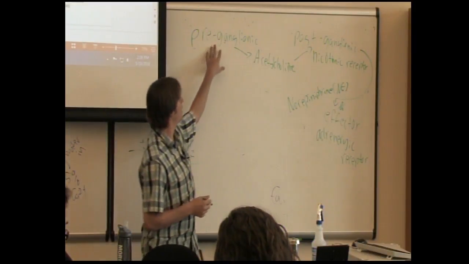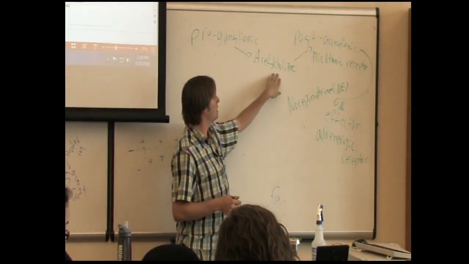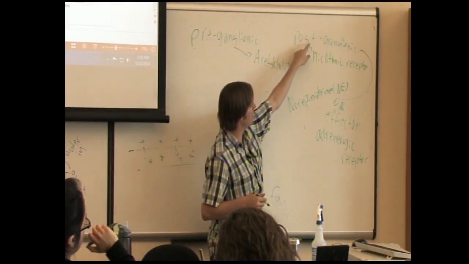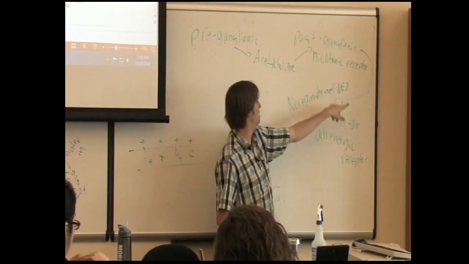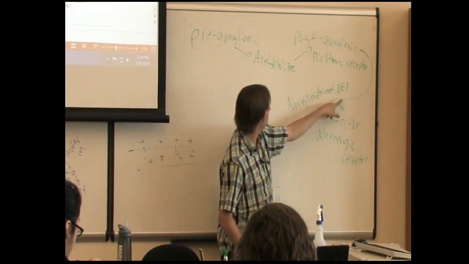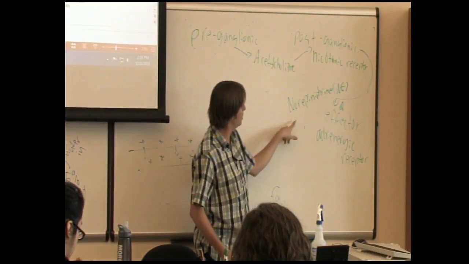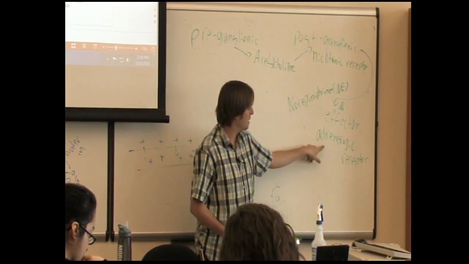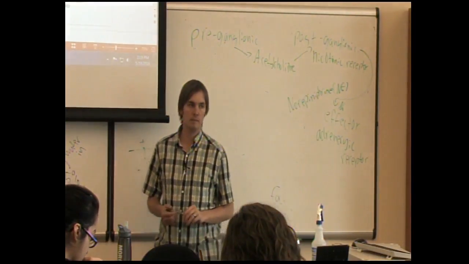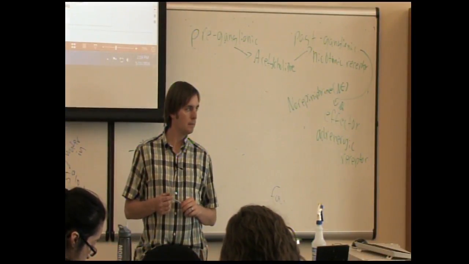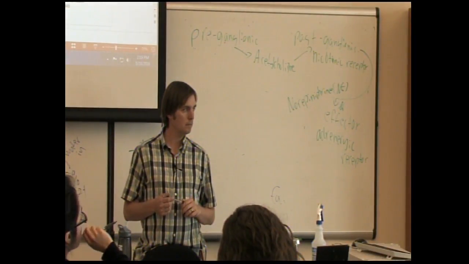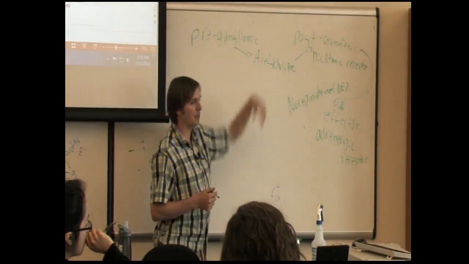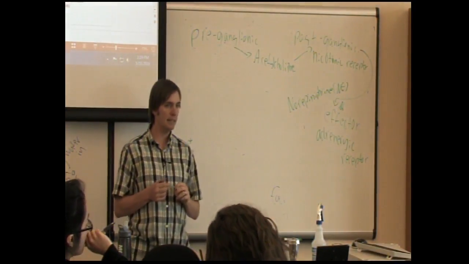So you've got preganglionic neuron, releases acetylcholine from its axon terminal. The postganglionic dendrite has a nicotinic receptor. And then the postganglionic axon terminal releases norepinephrine, and the effector has an adrenergic receptor. Yeah, so a signal would be traveling through all of those steps, basically.